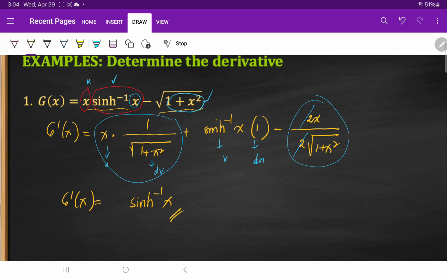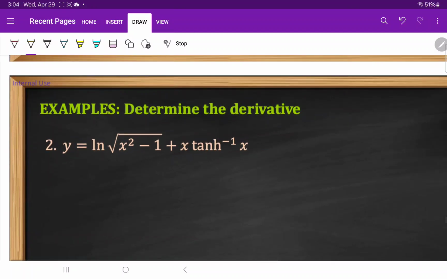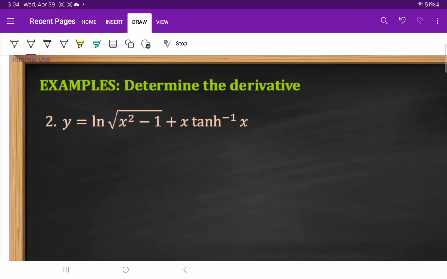So that's the derivative. Okay, let's do number 2. For number 2, we are given y is ln of this one. Now, we can first simplify. Write this as ln of (x squared minus 1) to the 1/2 plus x.